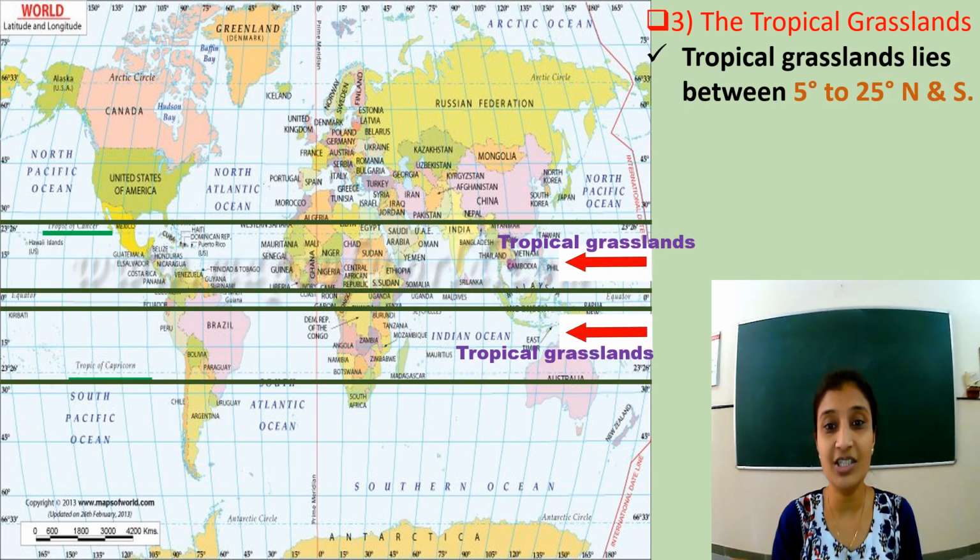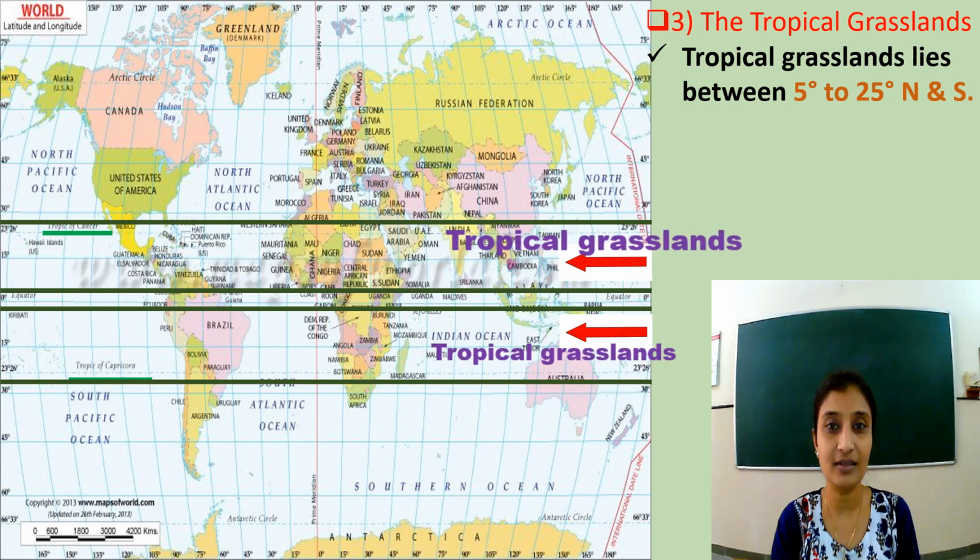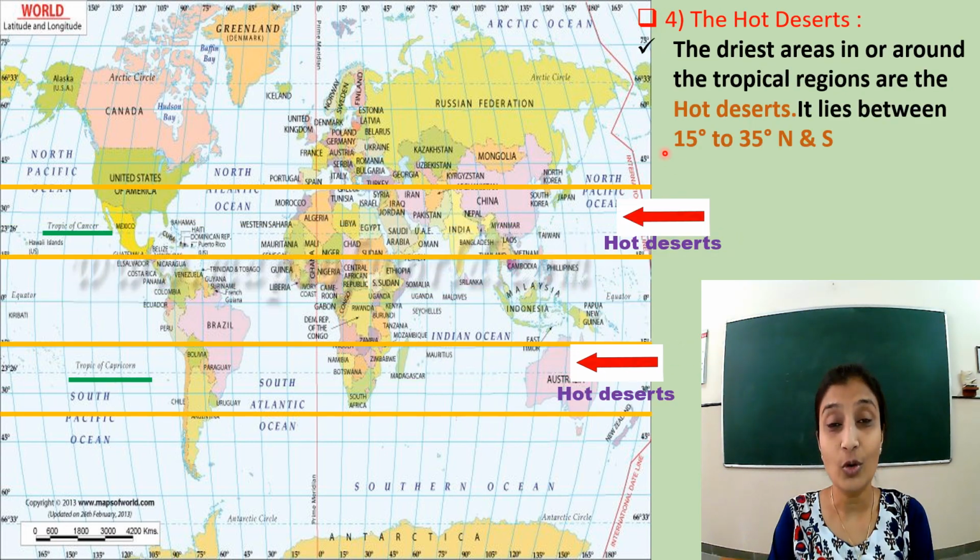The third region is the tropical grasslands. These areas lie between 5 degrees to 25 degrees north and south of the equator. The fourth is the hot deserts.